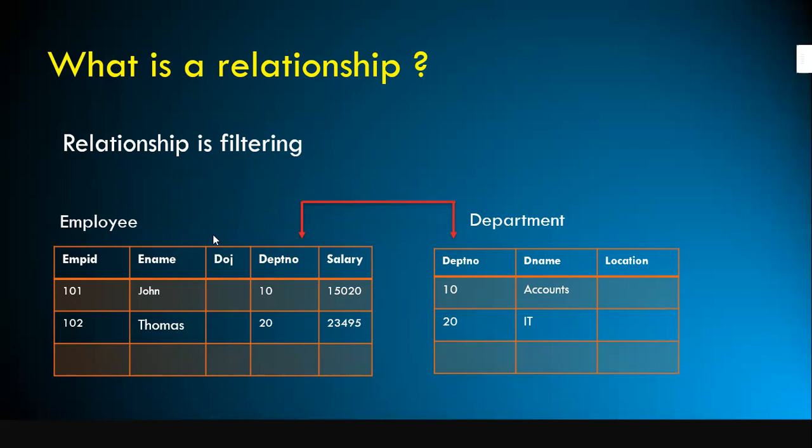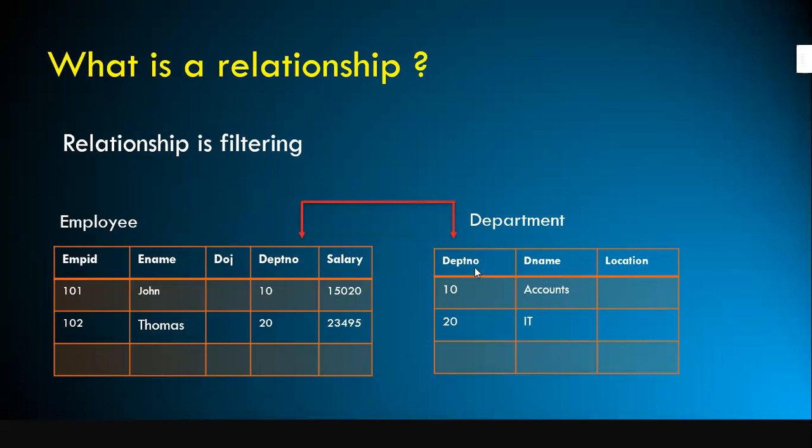So how do I join these two tables? I need to check whether the department number column is available in both tables. Yes, it is available in both. Maybe here they would have mentioned a different name, probably department ID, but here they mentioned department number. That doesn't mean these two columns are different.